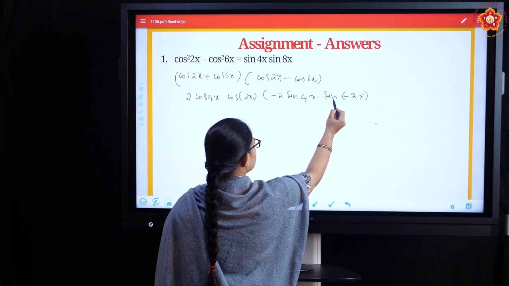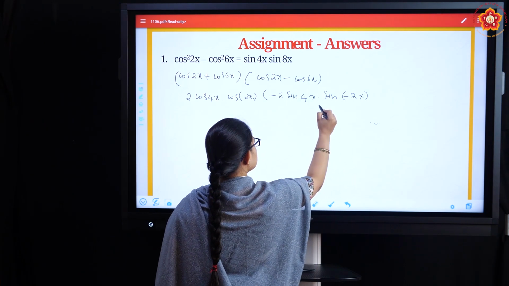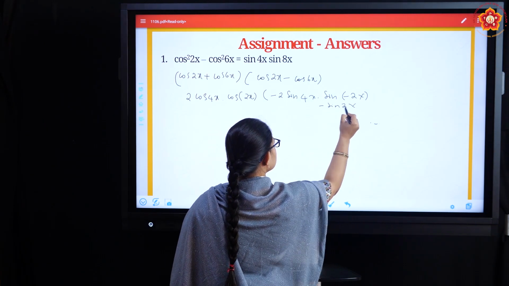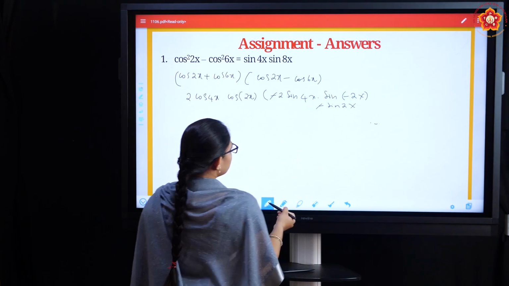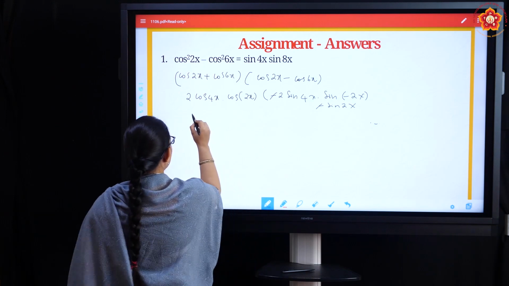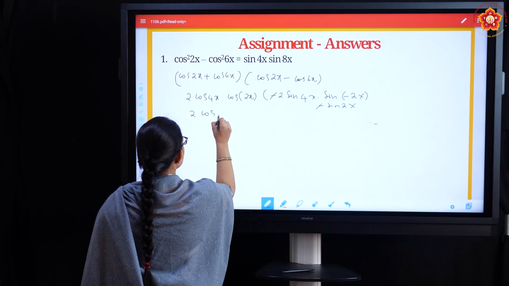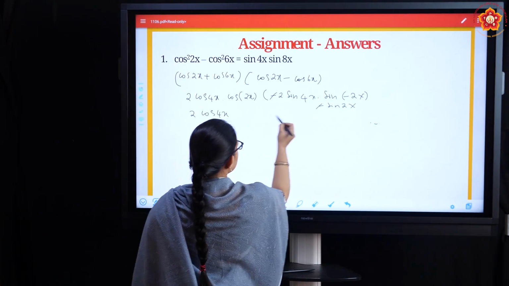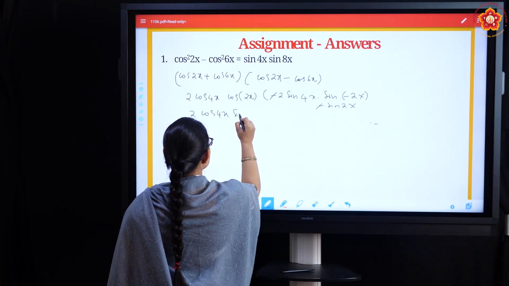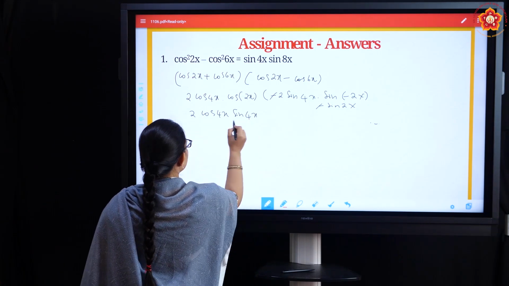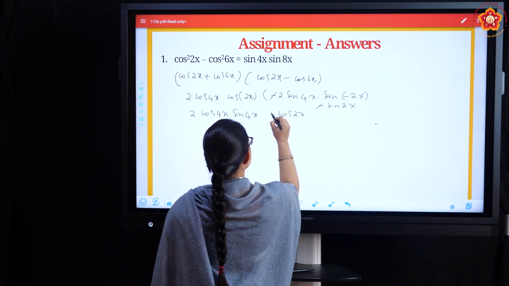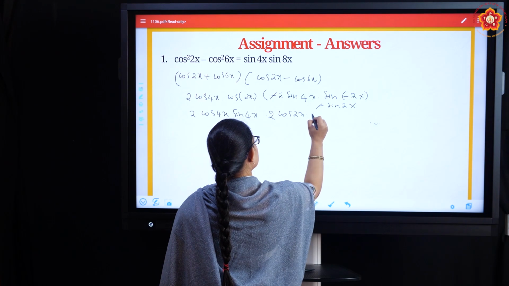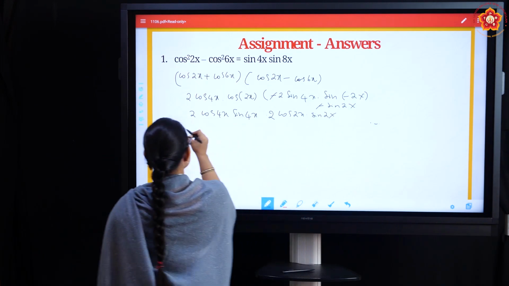We know that sin of minus 2x is minus sin 2x, so minus into minus will become plus here. Therefore we have 2 cos 4x into sin 4x, into 2 cos 2x into sin 2x.